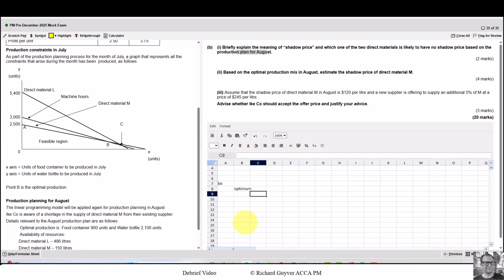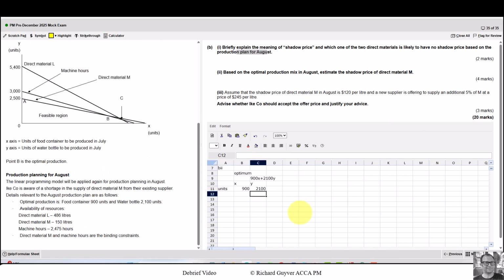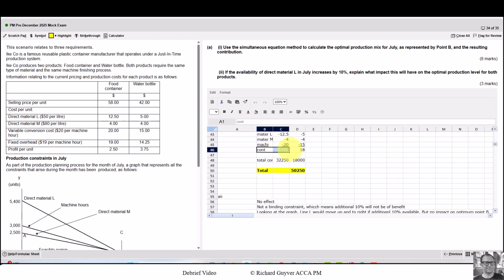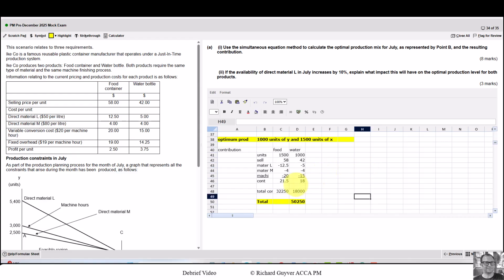So the optimum is to produce 900 units of food, which is on the X, plus 2,100 of Y. Now you can just do a straightforward calculation, but for reasons that hopefully will become clear, I'm going to put it in a little table. So we've got 900 of X, 2,100 of Y. And the contribution we worked out before, so it's 2150 and 18.